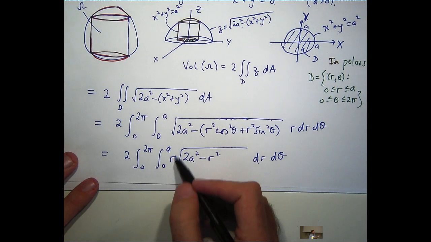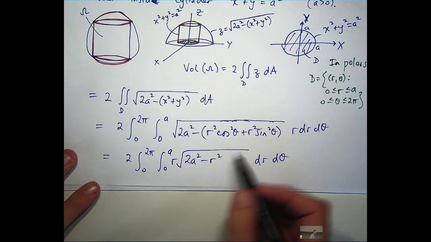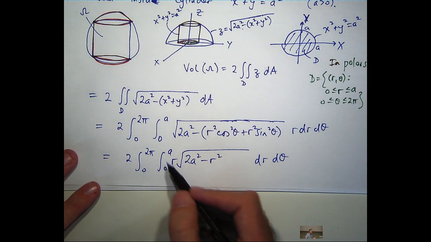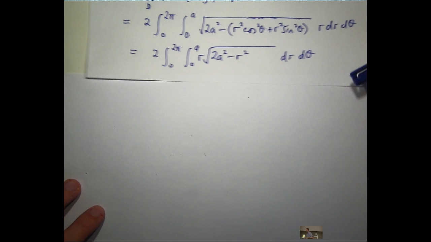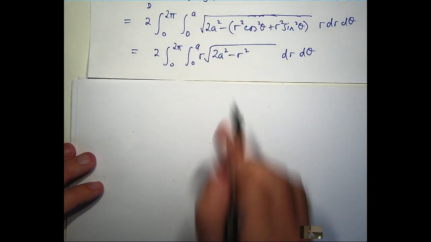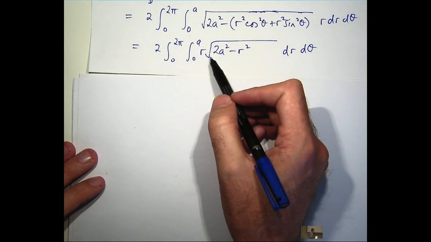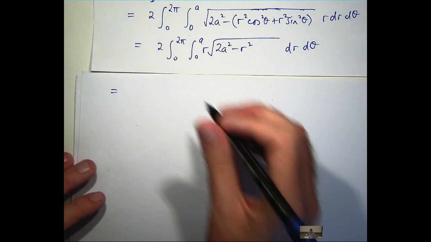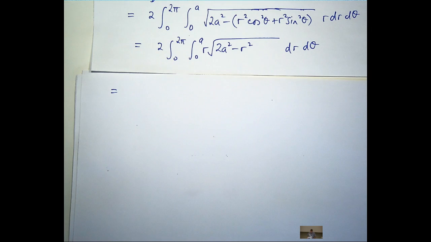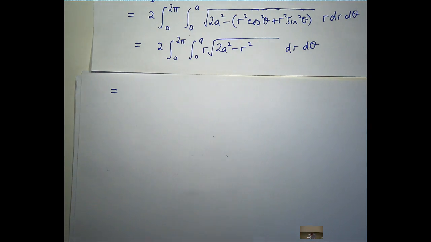Now, usually integrating square roots is a real pain, but in this case, this factor of r helps us out, right? Let me show you. When I integrate, that square root has got to go to a 3 on 2. And really, all I've got to do is adjust it somehow by multiplying by some number.